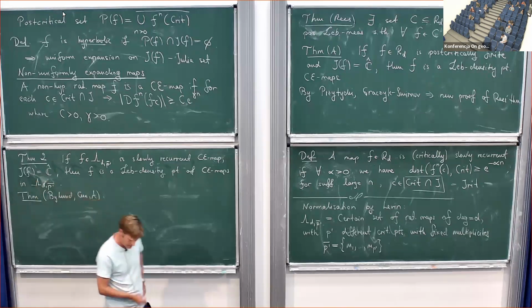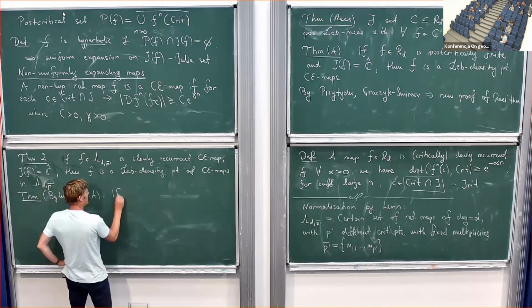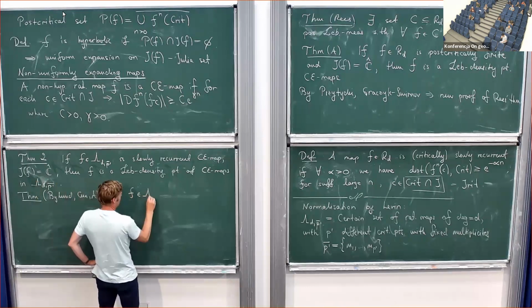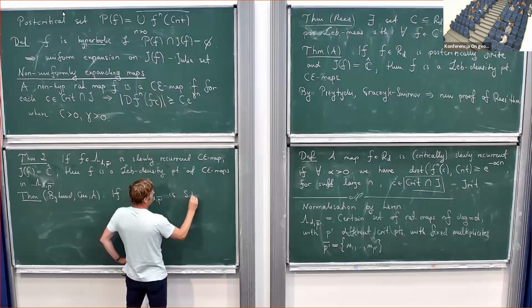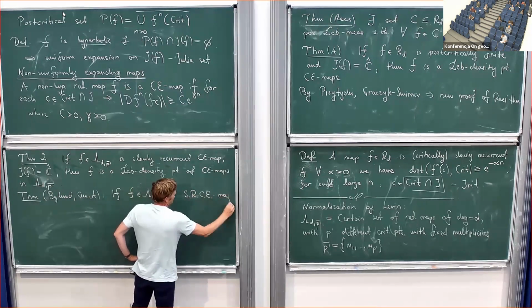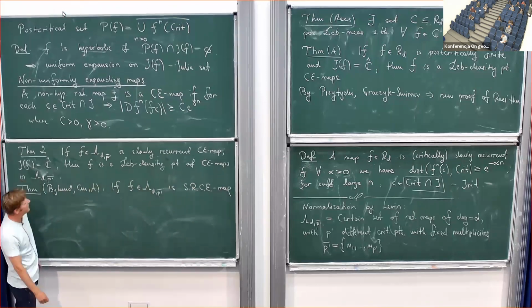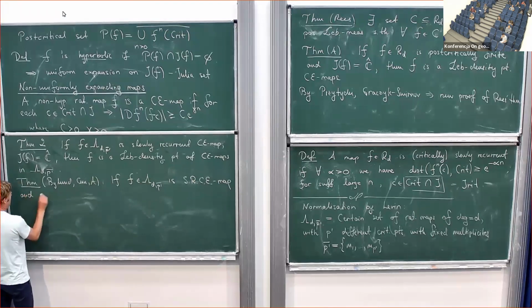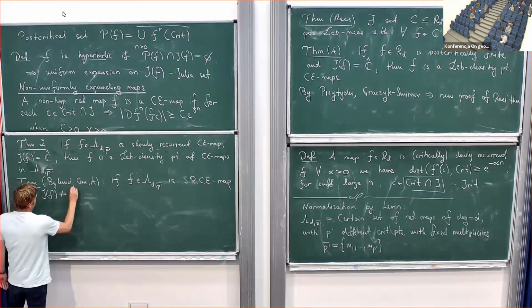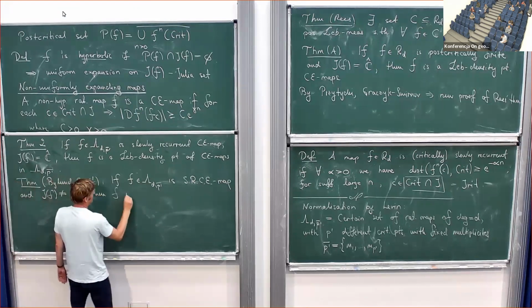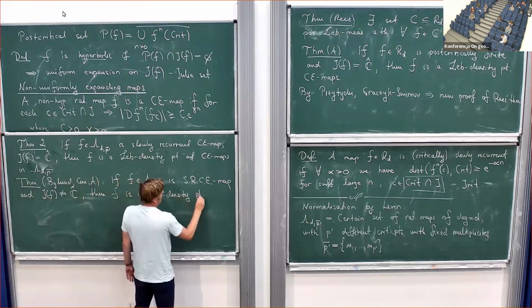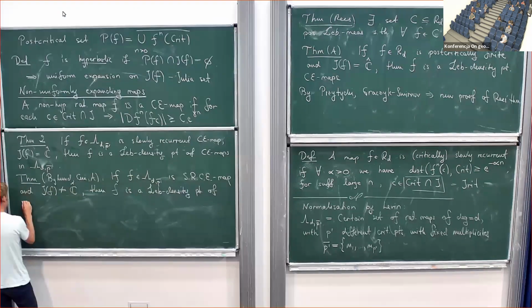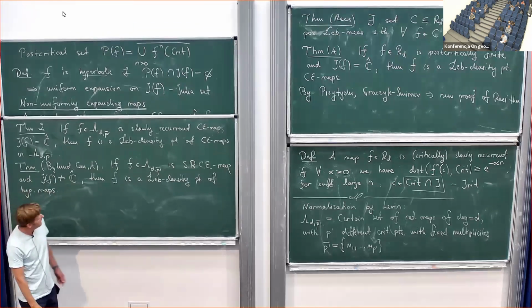If f is in such a space again, and is a slowly recurrent Collet-Eckmann map, SRCE map, and the Julia set is not the whole sphere, then it is a Lebesgue density point of hyperbolic maps. These are the two theorems I want to speak about.